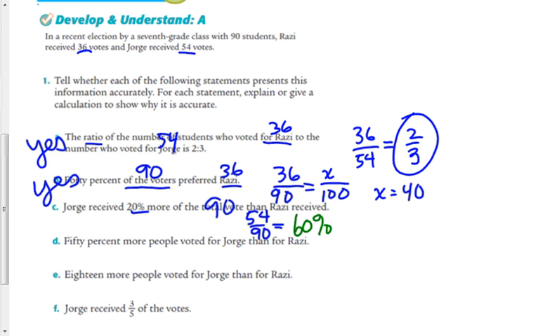And then Razi received 36 out of 90, which we did in the last problem. We figured that was 40%. And so we can see that, yeah, Jorge did receive 20% more of the vote than Razi received, because 60% is 20% more than 40.